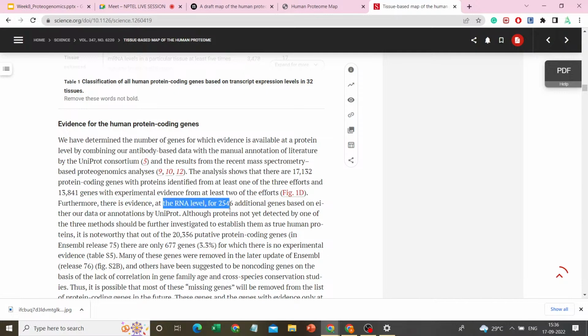Further, there is evidence at the RNA level, the transcript level, for 2,546 additional genes within either our data or annotations by UniProt.